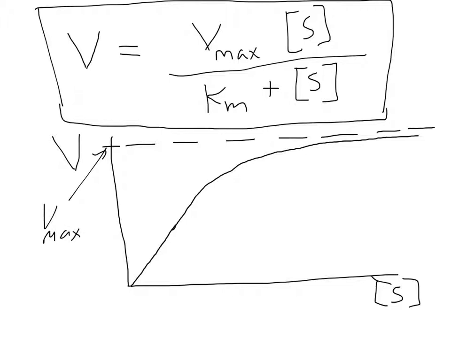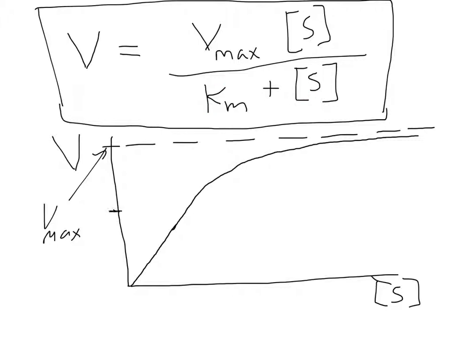Also, let's look at what happens when the substrate concentration is equal to Km. Then what you get in the denominator is 2 Km, and this will be Km. This factor of Km will cancel the 2 Km, and you'll get Vmax over 2.